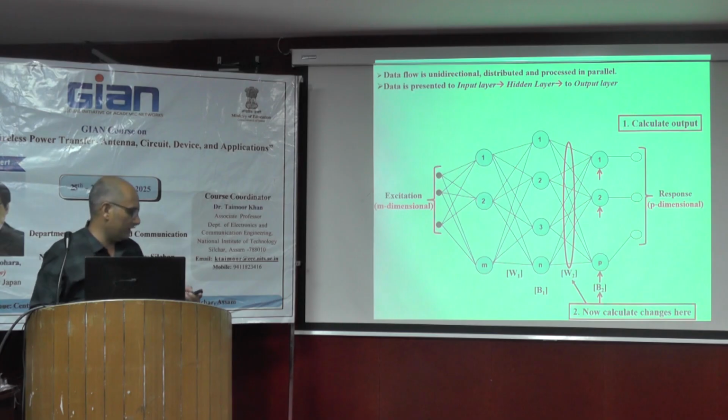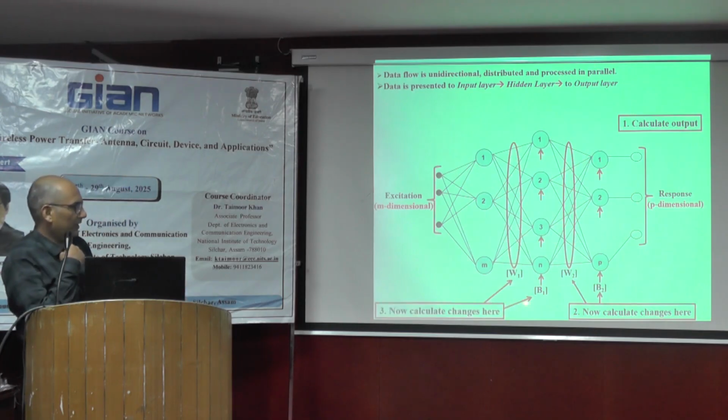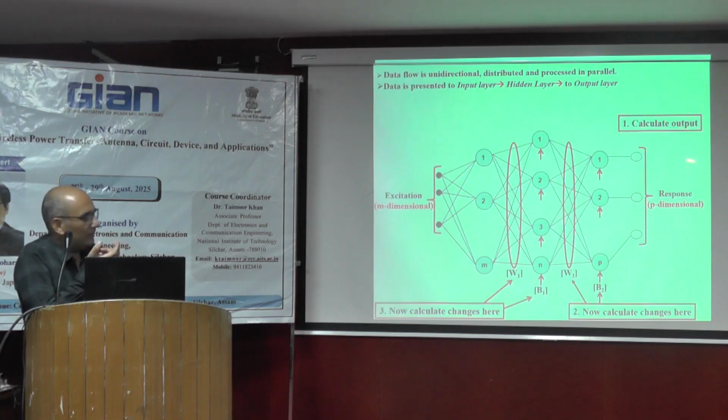Then it will come to the next one, W1 and W2. After one calculation, you need to update the W1, W2, B1, B2 matrices. Now before that, you need to apply the second set of excitation to get the response.